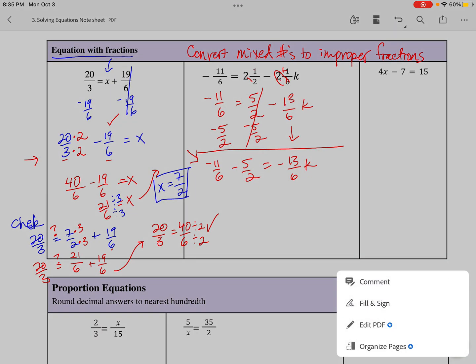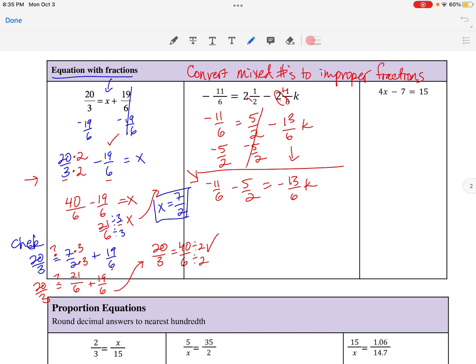So I'm going to change colors. And oh gosh, 6 again. Didn't give much variety here in my common denominator. So this will have to be multiplied by 3 on the top and the bottom. That will give us 15/6.